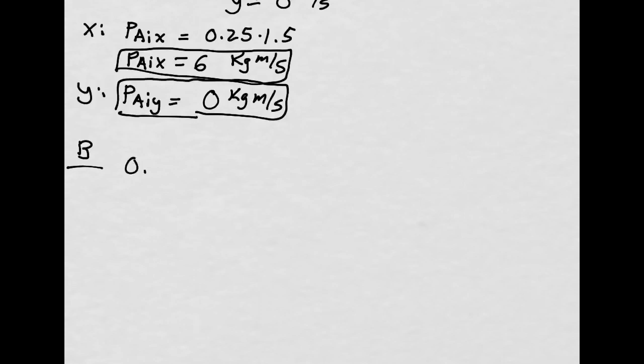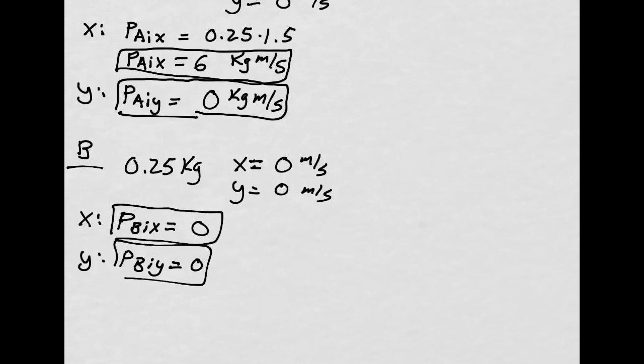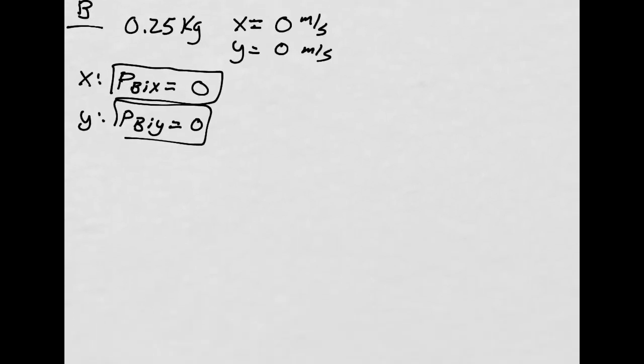Now we go to ball B. It has a mass of 0.25 kilograms. In the x direction, it has a velocity of 0, and in the y direction also 0, because it is stationary. So P_BIX equals 0, and P_BIY equals 0. Our initial momentum has to be broken down into x and y components.